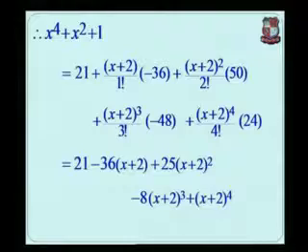So now the expansion of x⁴ plus x² plus 1 is 21 minus 36(x+2) plus 25(x+2)² minus 8(x+2)³ plus (x+2)⁴. So this is the expansion in terms of x plus 2, because a is equal to -2.